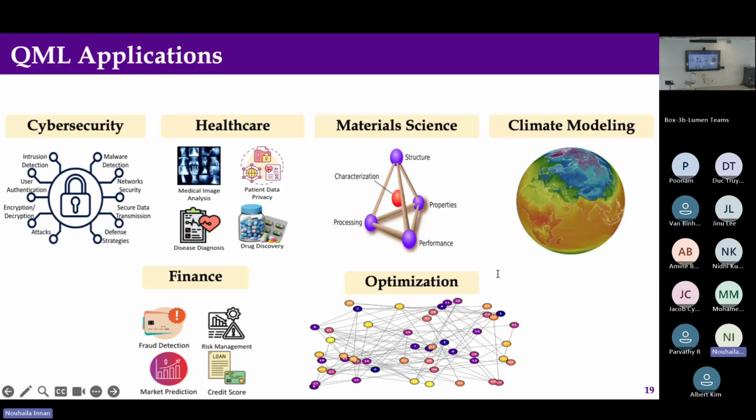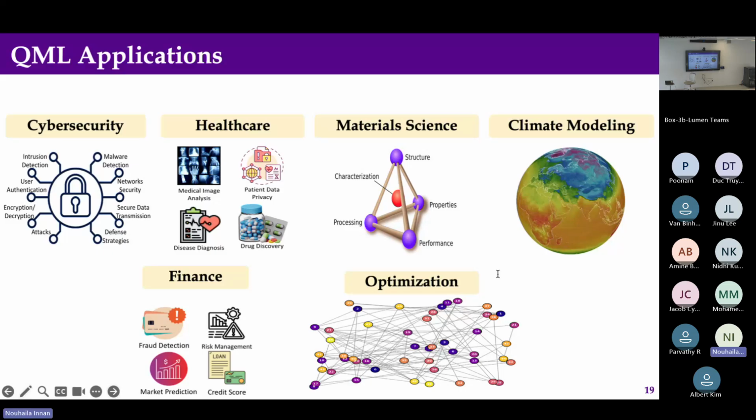For material science, it has strong potential. Usually quantum computers are naturally more suitable to model physical systems. So this kind of application can include material properties, understanding the structure, and improving characterization methods.